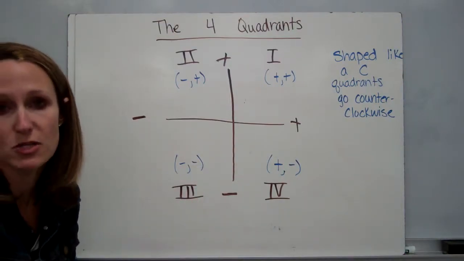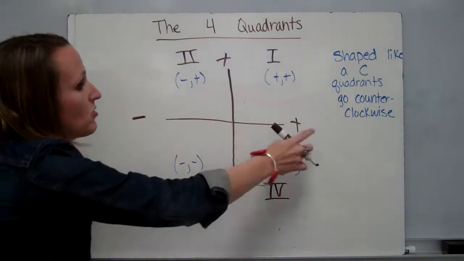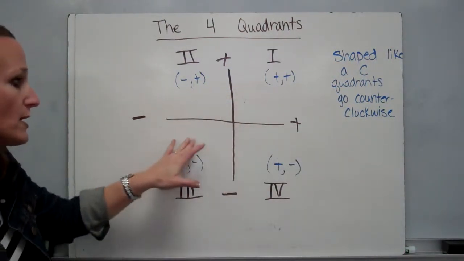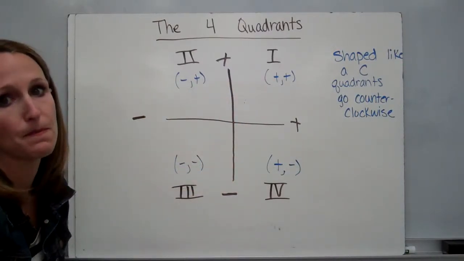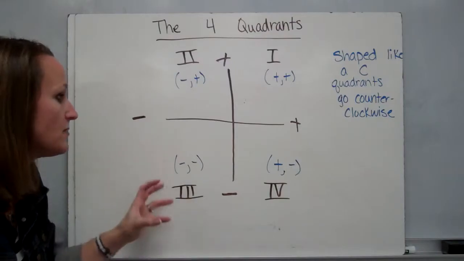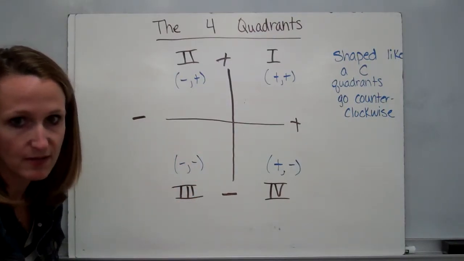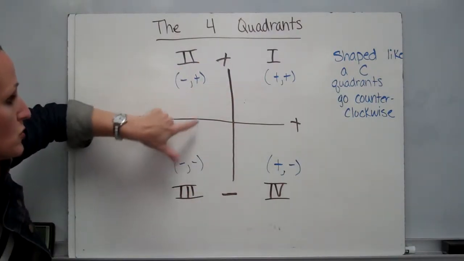And when you're in the fourth quadrant, your ordered pair is going to be a positive number and then a negative number because you go over in the positive and then down. So these are your 4 quadrants, and these are what your ordered pairs will look like. So whether they're both positive or both negative depends on which quadrant you are in. But remember, it is shaped like a C to number it 1, 2, 3, and 4.